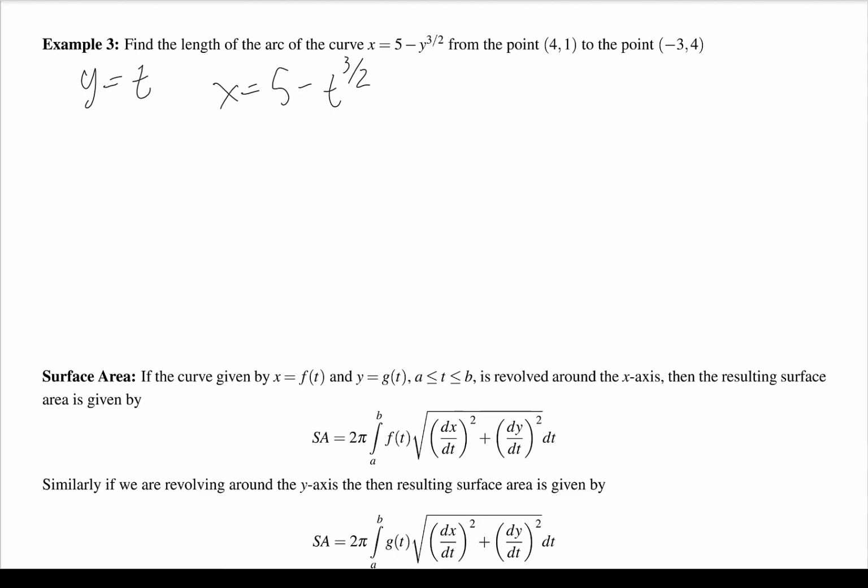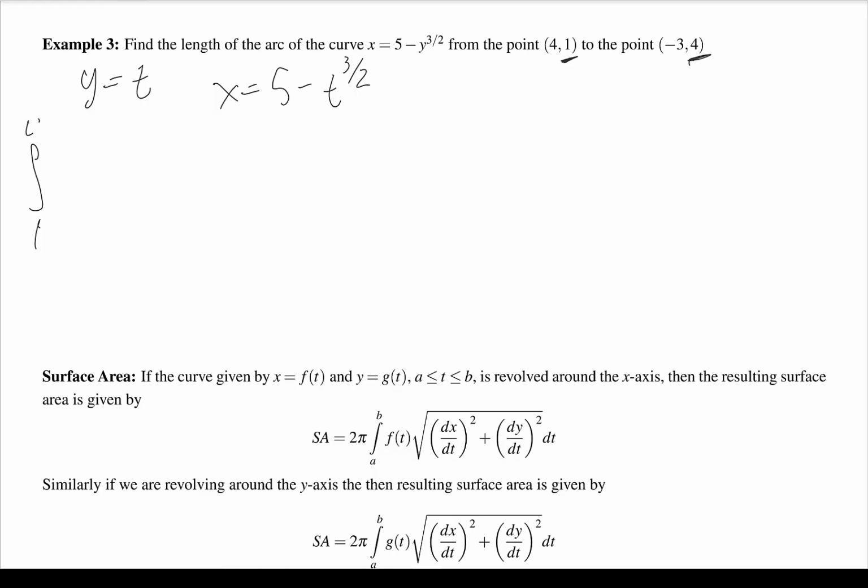Okay, and so then this means that we'll have the integral from... so another thing is, what are our t values going from? Well, it says we're going from this point to this point, and the y value is our t values, so we're going from 1 to 4.